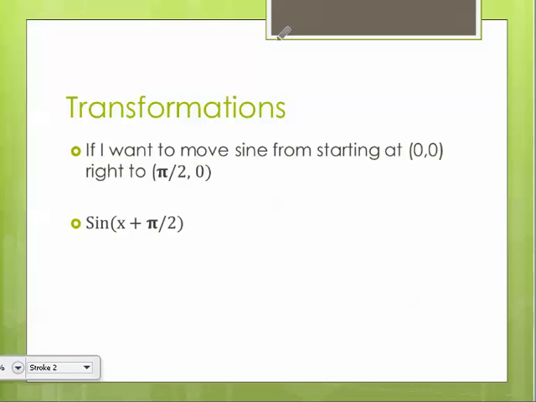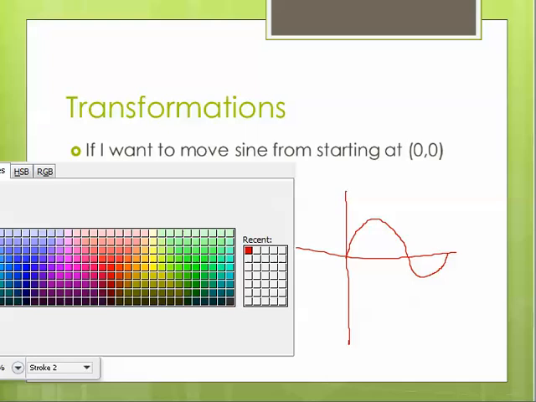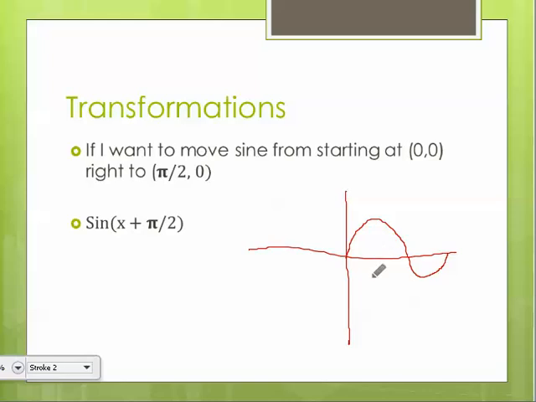Okay? If I wanted to shift it right and left a little bit, that's where I add inside of the parentheses there. So this, once again, is my normal sine wave like that. And if I wanted to show it shifting by pi over 2, right or left, well, there's pi over 2 right there.